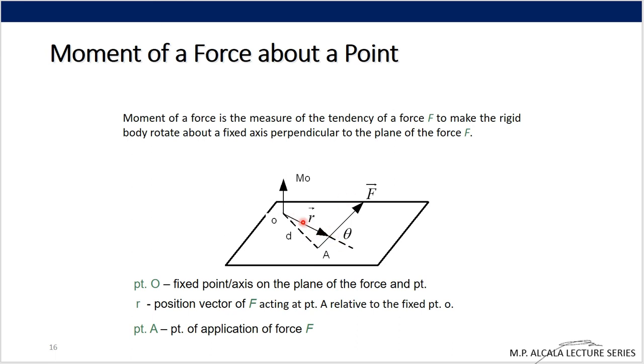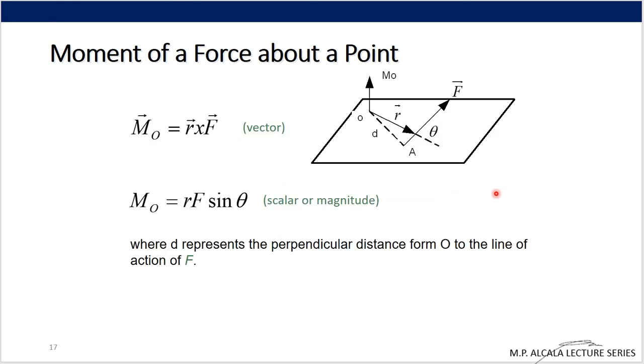With the moment arm r, the position vector from point O to A, the moment is simply out of the page. In this case, the moment is simply r cross F, which will give you a vector.